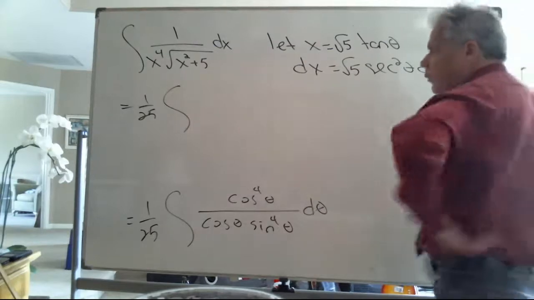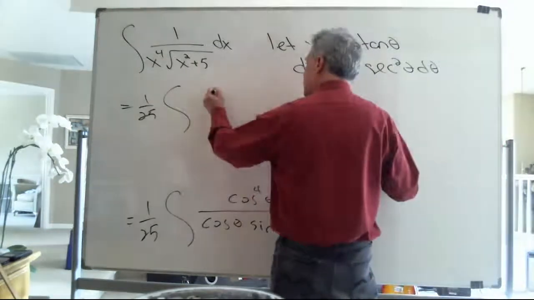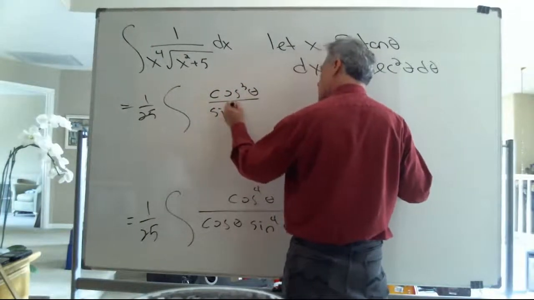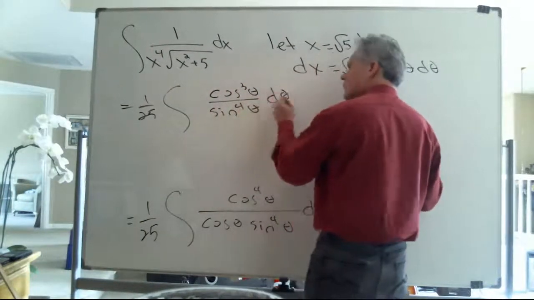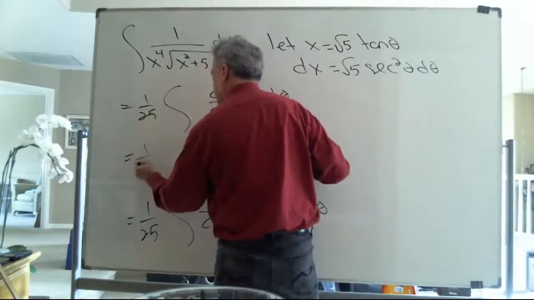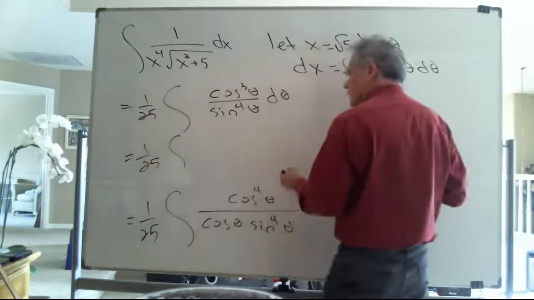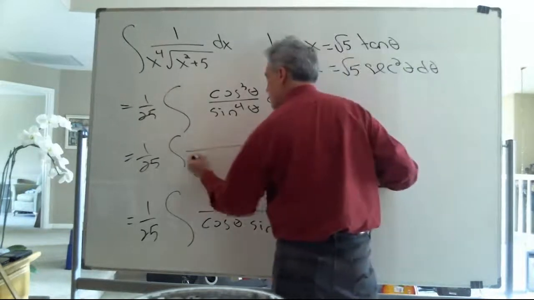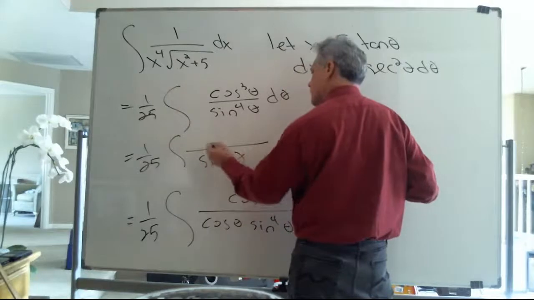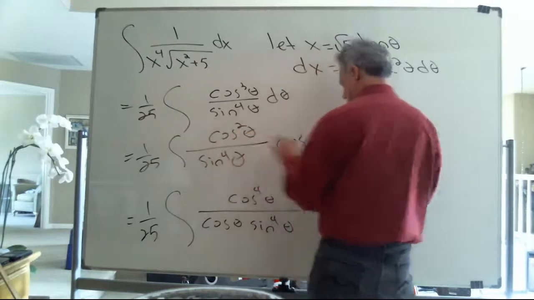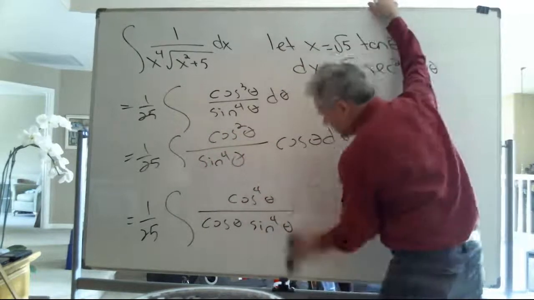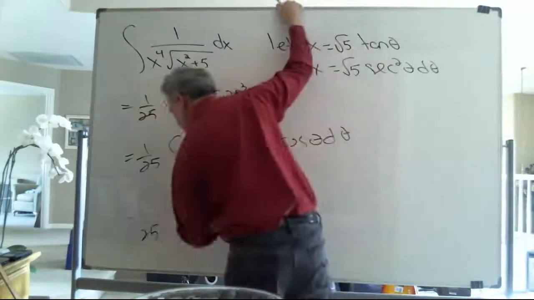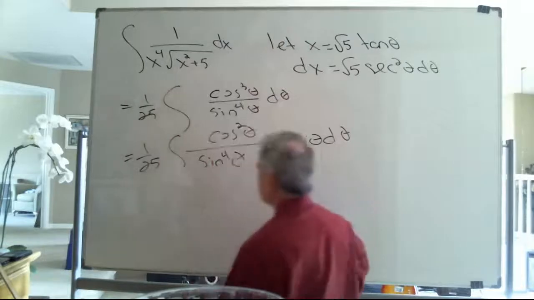So removing one factor of the cosine of theta in the numerator and in the denominator, notice if I shave off one factor of the cosine of theta, given that there's now an even number of factors cosine of theta upstairs, I can convert them into an expression involving sine of theta.